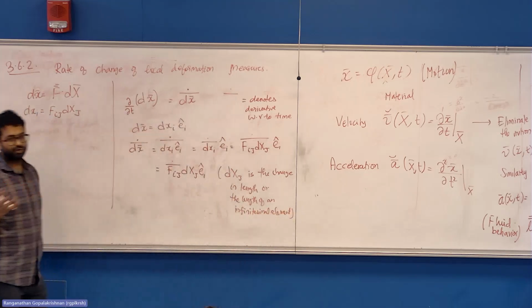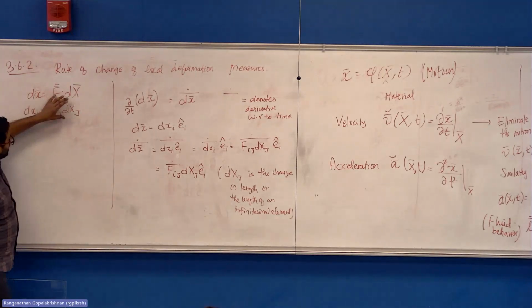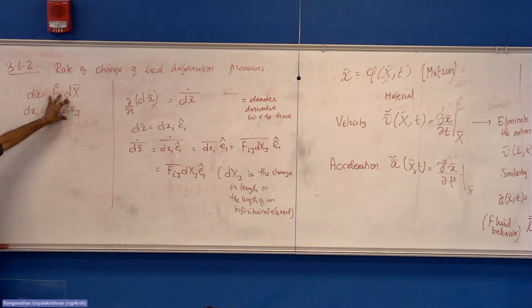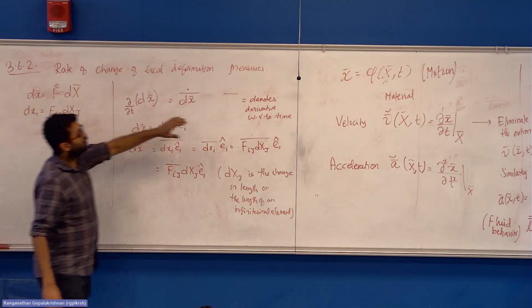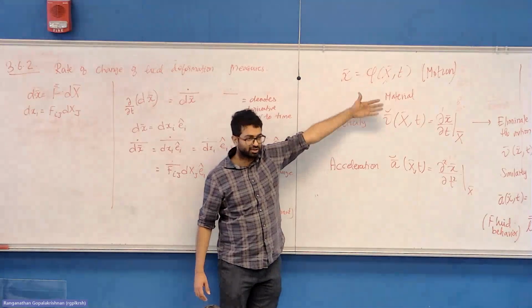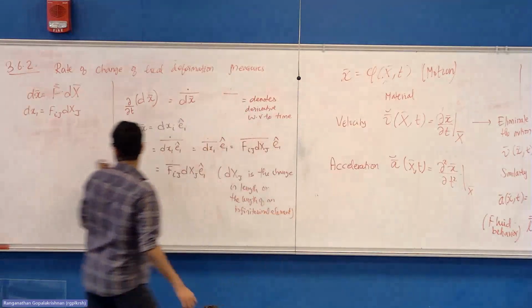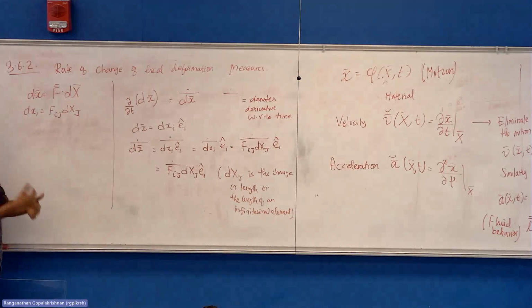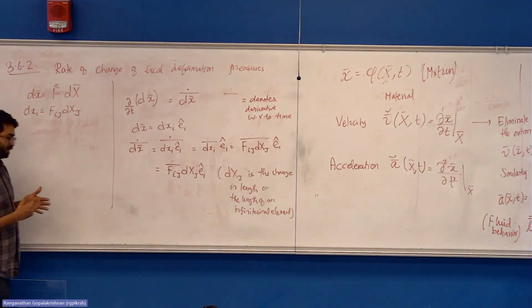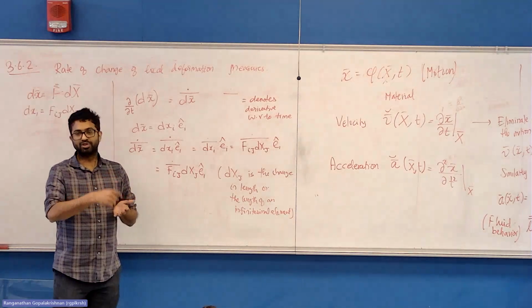Think of it this way: you are taking an element in the referential coordinate and subjecting it to a deformation or a motion. Motion is just a generalization of a deformation, which includes time difference. So you are subjecting an element to a motion and then asking, in the spatial description, what is the rate at which the position will change?